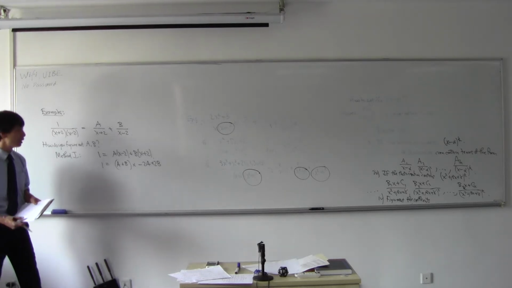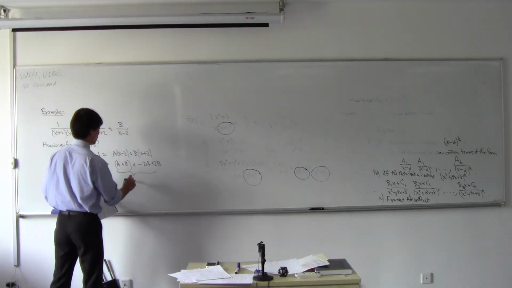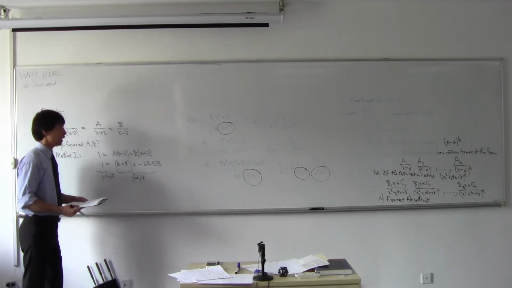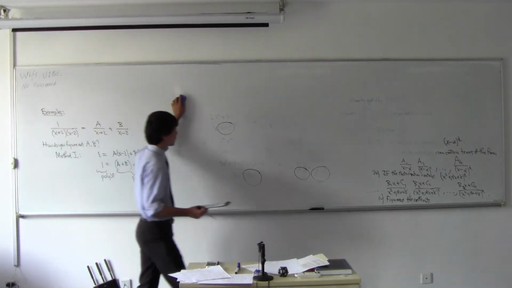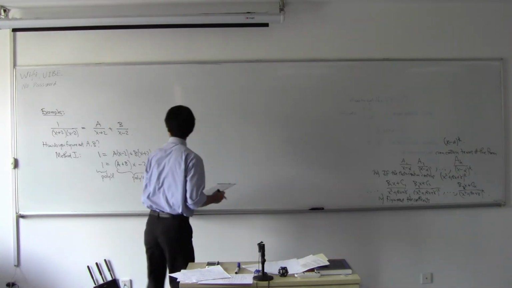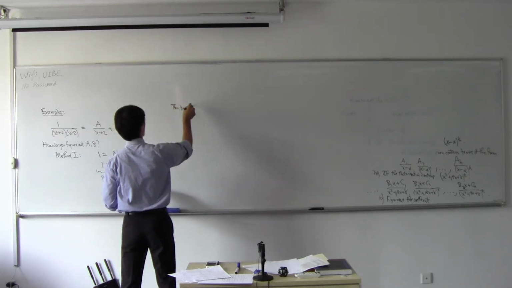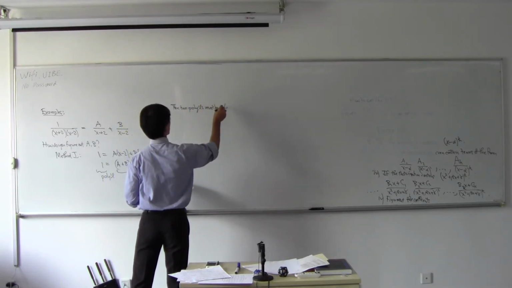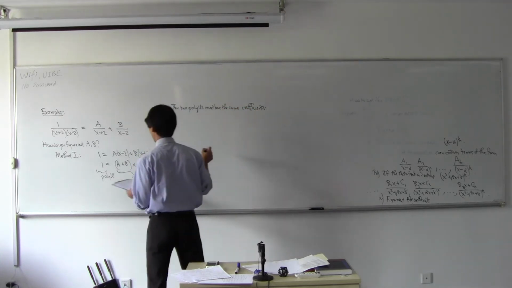Okay. At this point, you pull out the identity theorem and you say, I have a polynomial and I have another polynomial. I have these two polynomials that are equal to each other, so they must have the same coefficients. So what does that tell us?